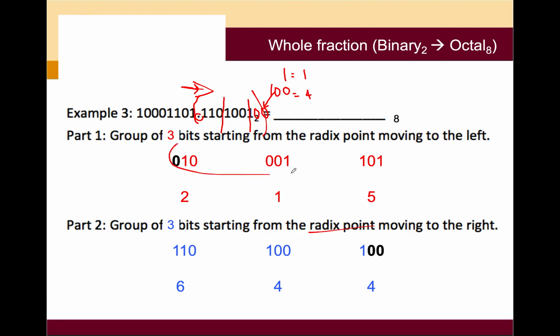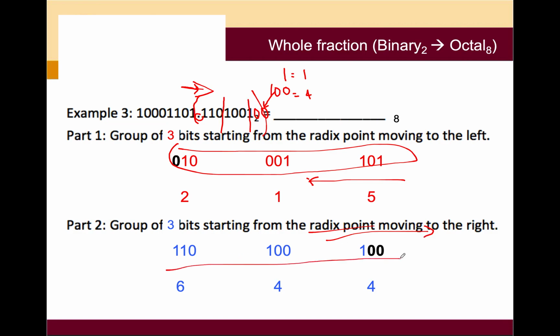This is the whole number. So you will move from right to left, and then this one is from the radix to the right for your fraction number. This is your fraction number, and this is the zeros that you added.